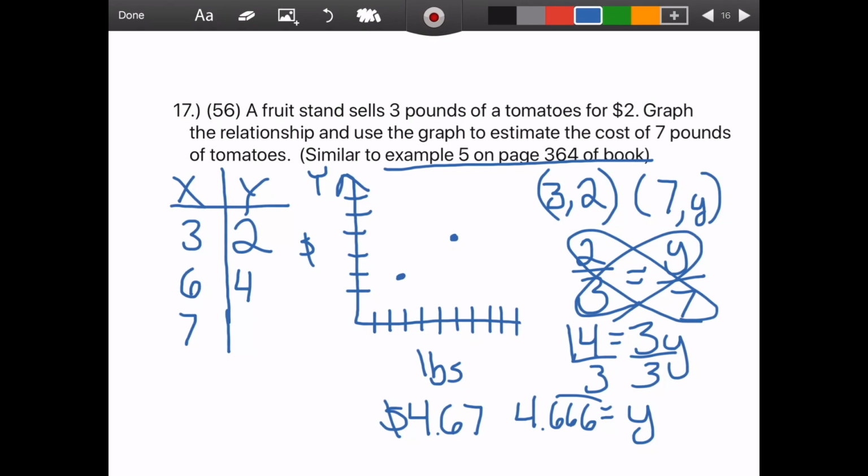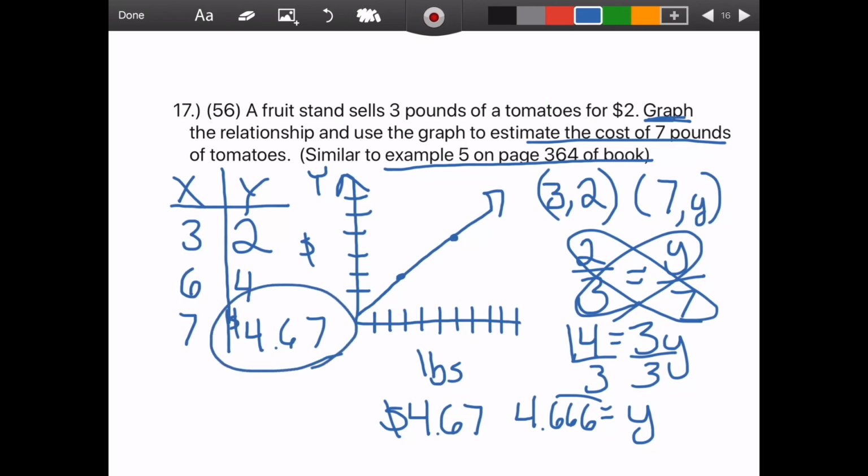So for our answer, here's our graph, because that was one part. We had to graph first, and then we had to estimate the cost of 7 pounds. So we would say the cost is about $4.67. So those are your two answers, the graph and then this part.